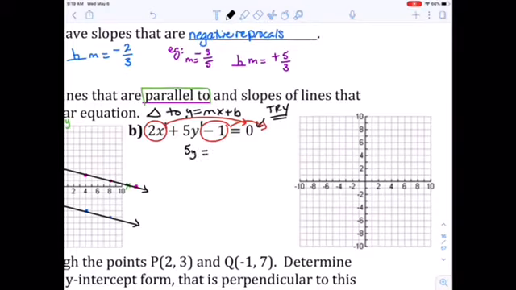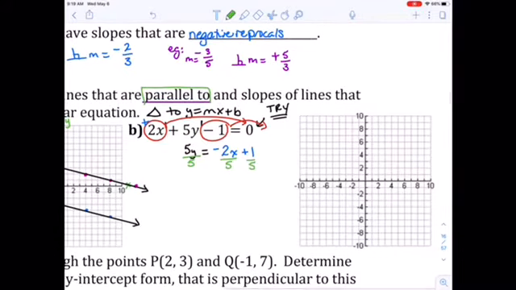On our right-hand side, when I move over the 2x, which was positive, it becomes negative 2x, and the 1 that was negative becomes positive 1. Okay, and now I want to isolate that y, so I'm going to divide everything through by 5. And we get y equals negative 2/5 x plus 1/5.